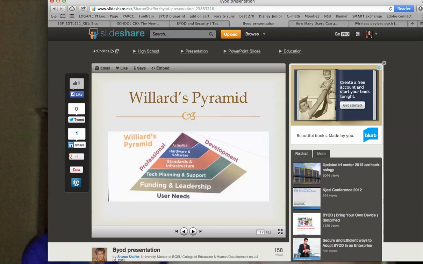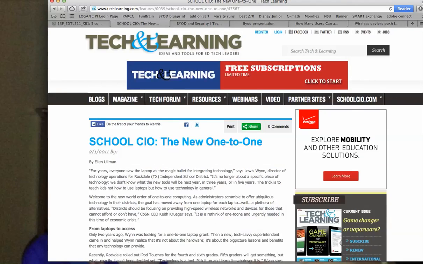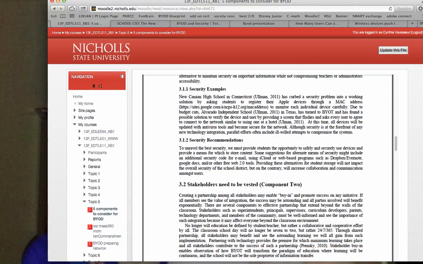So we're going to talk about each one of these and how they each need to come in a distinct order. What this article does is it goes through that pyramid and elaborates on each one of them.